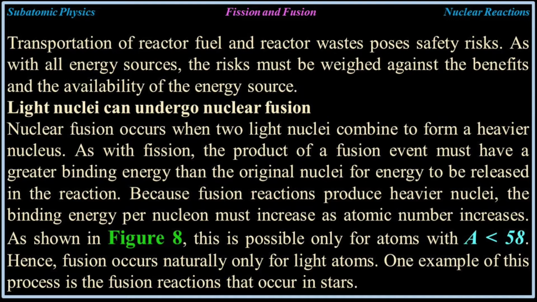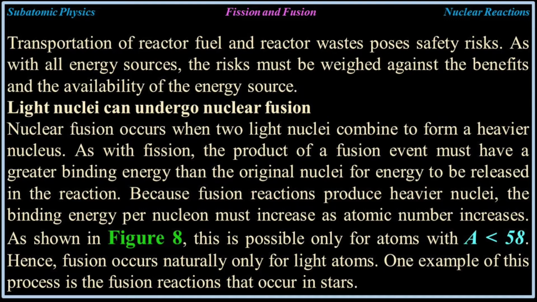Light nuclei can undergo nuclear fusion. Nuclear fusion occurs when two light nuclei combine to form a heavier nucleus. As with fission, the product of a fusion event must have a greater binding energy than the original nuclei for energy to be released in the reaction.